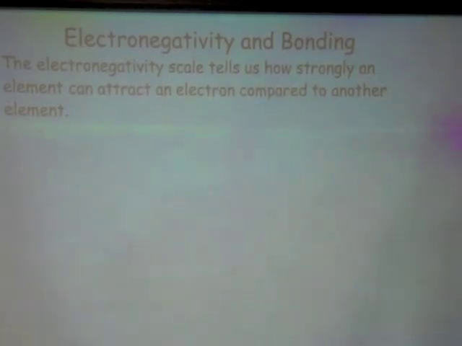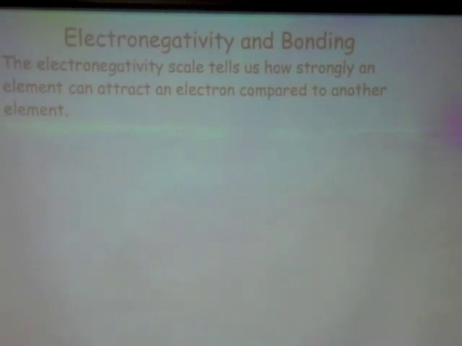And so we don't have an absolute scale of electronegativity in terms of a unit that is associated with electronegativity. It is basically just this element compared to this element, how strongly can it attract an electron.